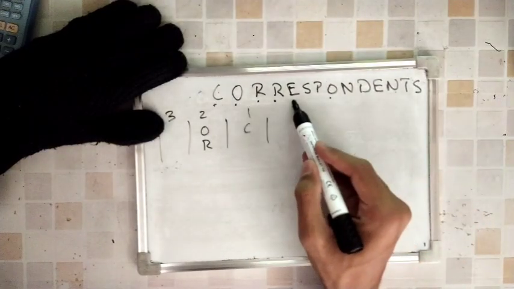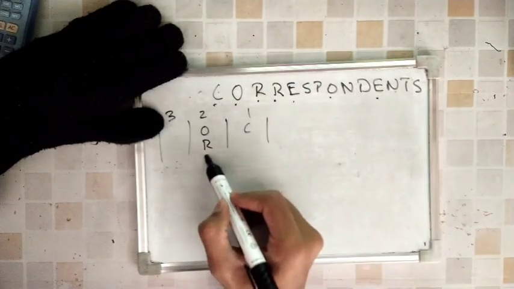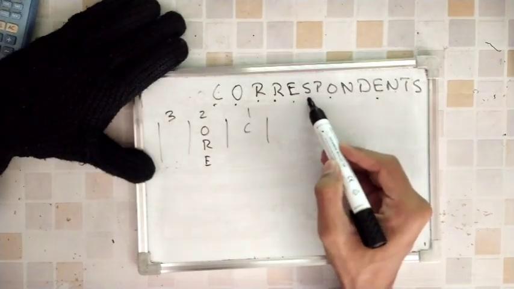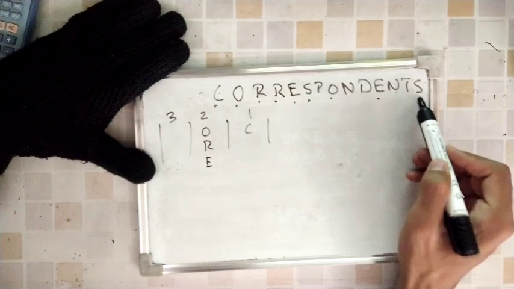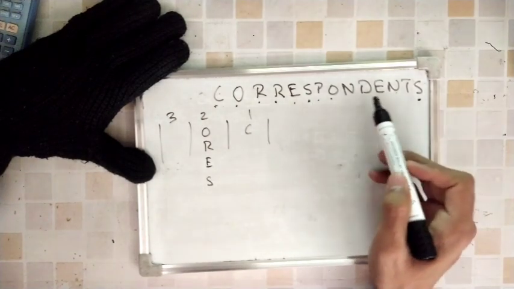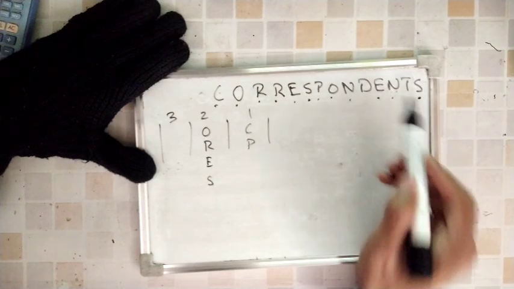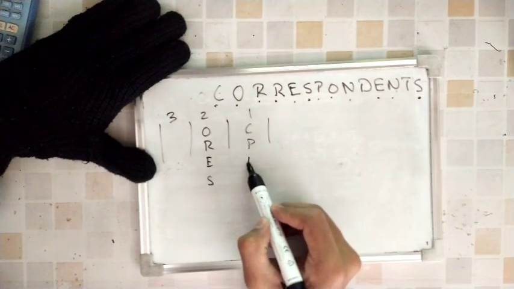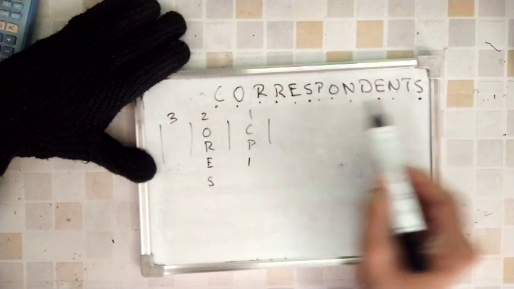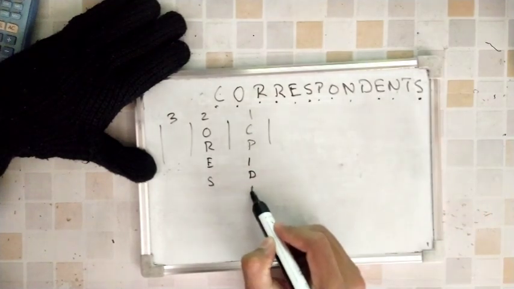Then E, 1 time, 2 times. Then S is 1 time, P is 1 time, N is 1 time, D is also 1 time, T is also 1 time.